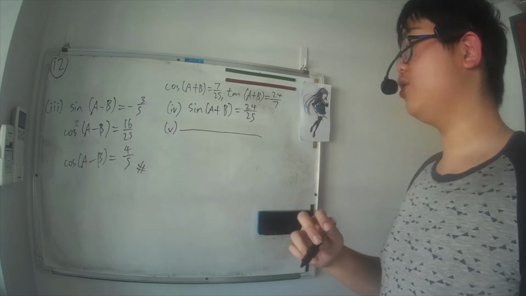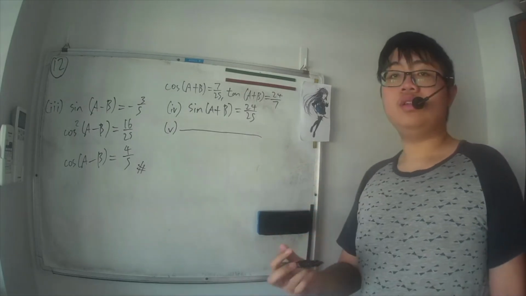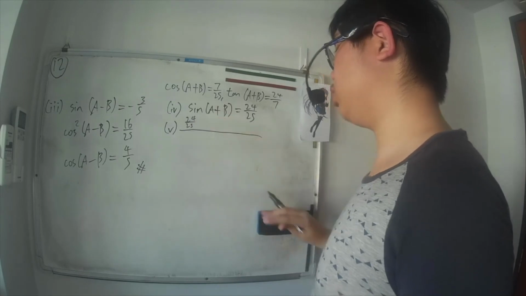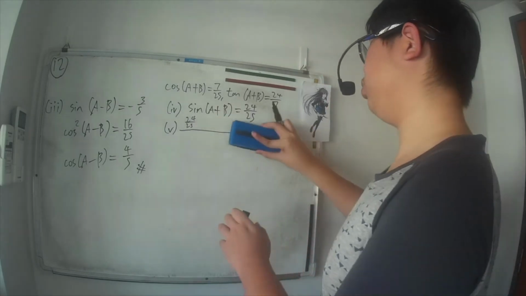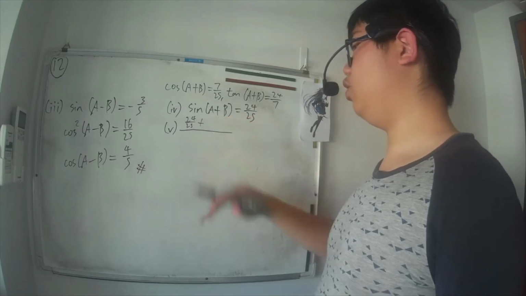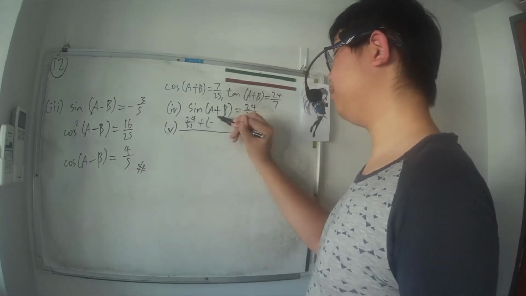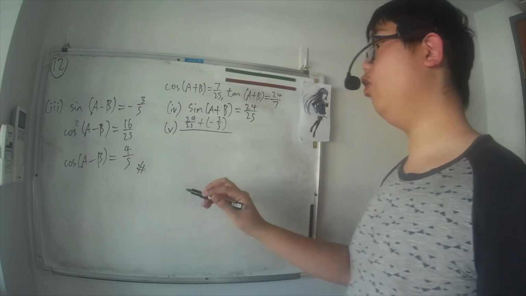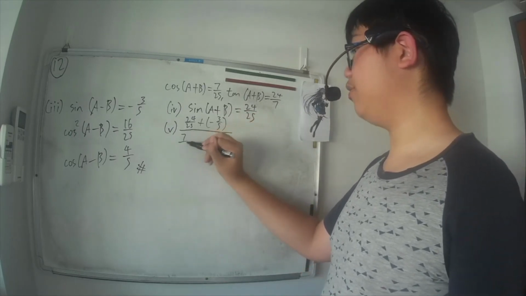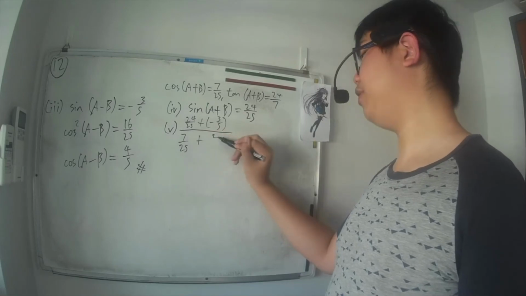So let's just write down everything we have here. So this is 24 over 25, plus, or negative 3 over 5, all over, this is 7 over 25 plus 4 over 5.